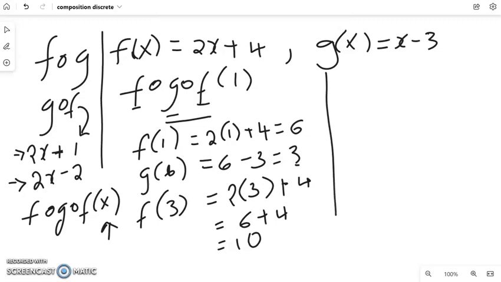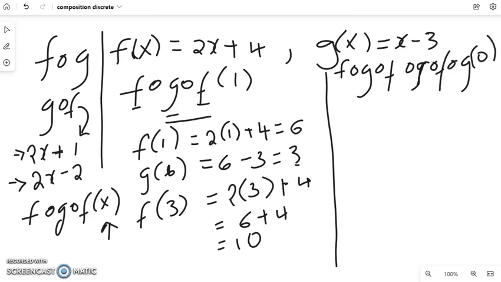Let us do one last one, a longer one: f of g of f of g of g of f of g, with the input of 0. So we start from the right-hand side.